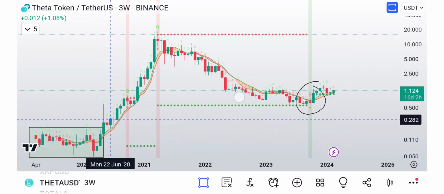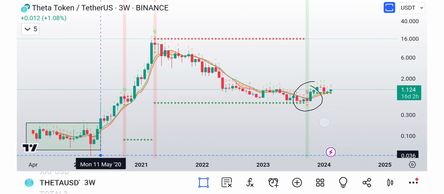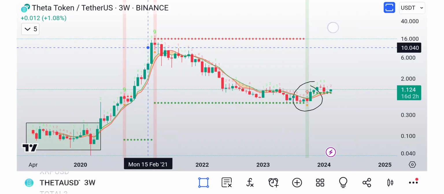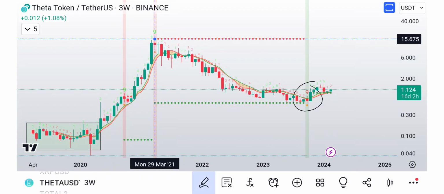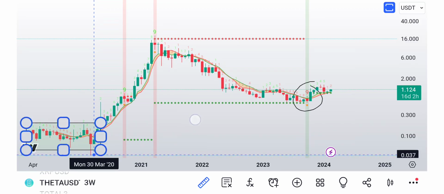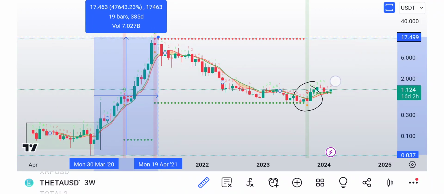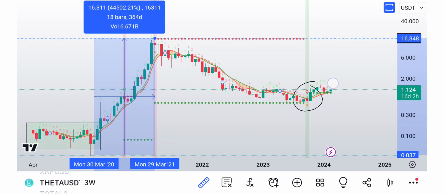Reason number 2, we had one of the biggest breakouts. I mean, this thing went from what? 3 cents all the way up to $16. That's millionaire life-changing money right there if somebody were to get it under $1 at least, right? So that's what, 45,000%? Perfect.